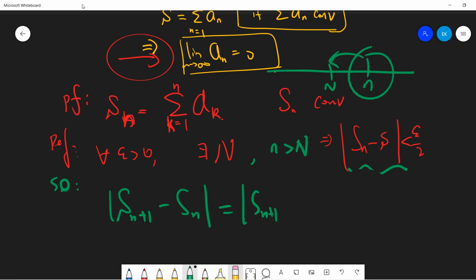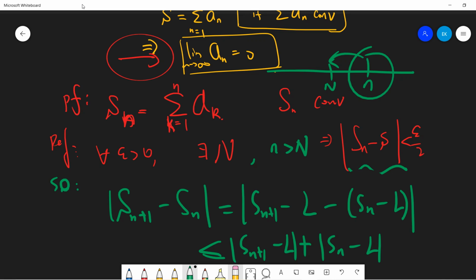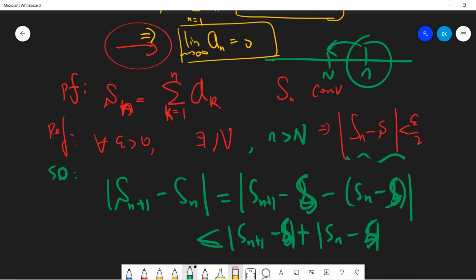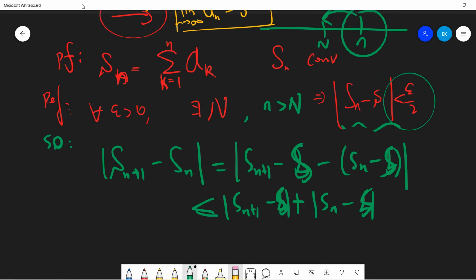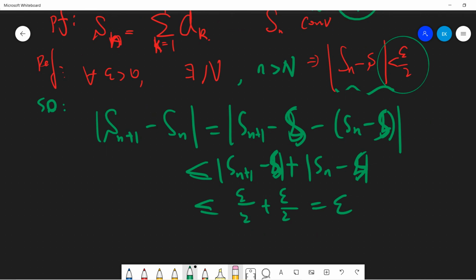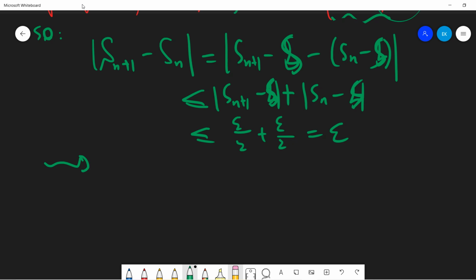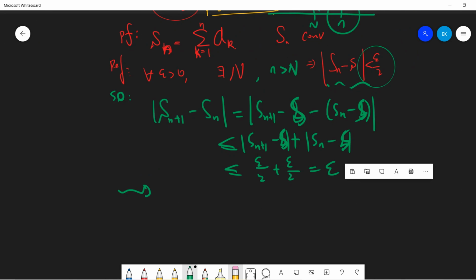So that is S_{n+1} minus S, minus S_n minus S. Sorry, it's not L, I made a mistake. Since everything is less than epsilon divided by 2, epsilon divided by 2 plus epsilon divided by 2 is epsilon, right? So what is this? This is a_{n+1}.